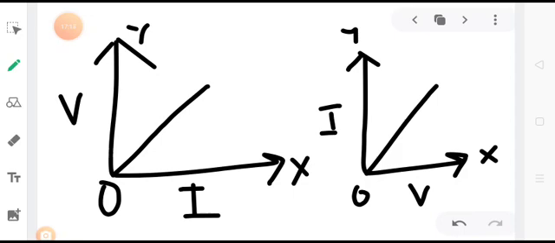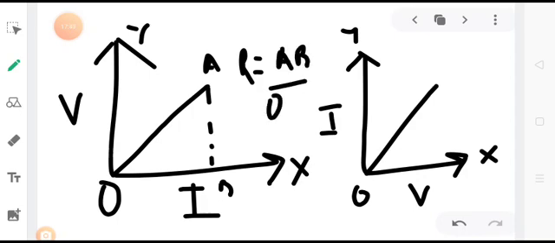Now, if you want to calculate the value of resistance using these graphs, then in the first graph, we have to drop a perpendicular, and resistance will be equal to the slope of the graph. Slope is perpendicular by base.